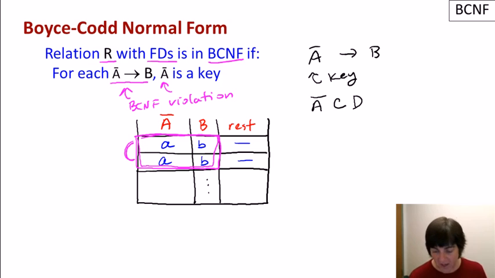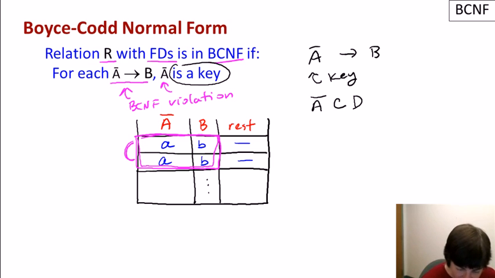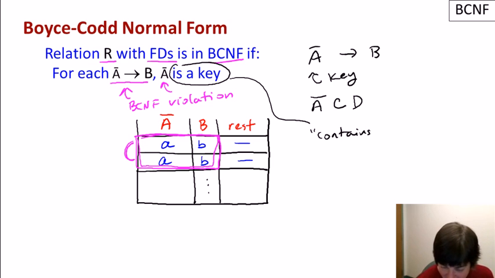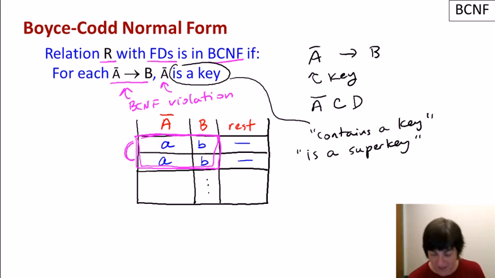So sometimes you'll see in the definition of Boyce-Codd normal form, this wording not "is a key", but "contains a key", which in fact is exactly the same thing. Or sometimes it will even say "is a super key", and a super key is a key or a superset of a key. Again, all of those are saying exactly the same thing, but I just wanted to clarify because different wording and sometimes different notation is used for that concept.